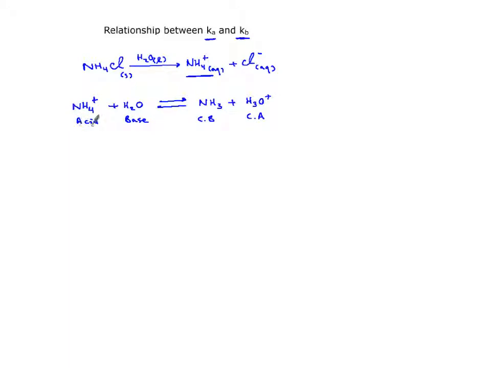Since ammonium is your acid, I can write the dissociation constant, or equilibrium constant, Ka, which is the products, ammonia times hydronium, divided by ammonium only. Do not include water because it's a pure liquid. The rest of the species are aqueous.